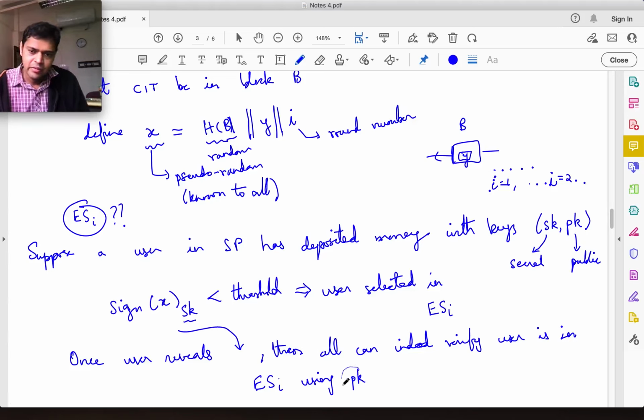So anybody can verify that indeed he is in this set using his public key, which can be used to check that the signature is valid. So this idea is not completely new. It's already there in the Algorand paper, and we'll discuss it in some more detail when we talk about Algorand.